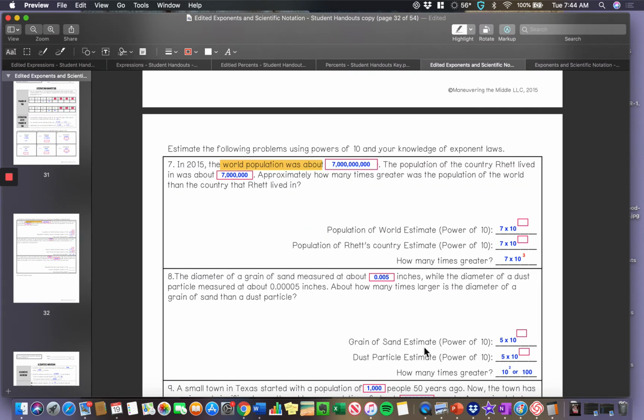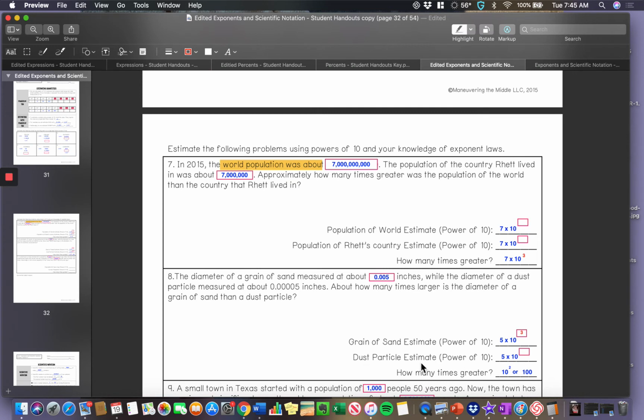Well, the grain of sand estimate was 5 thousandths, right? So I need to count how many spaces the 5 is from the decimal. So I had 1, 2, 3. So again, very similar to the top right here. So boom, 1, 2, 3.